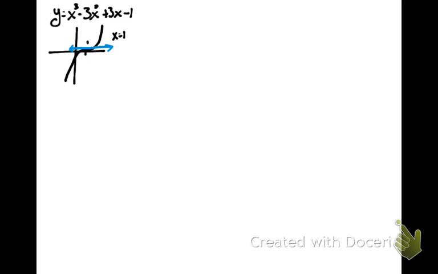So a line is tangent to a curve at a point if the slopes at that point are the same.